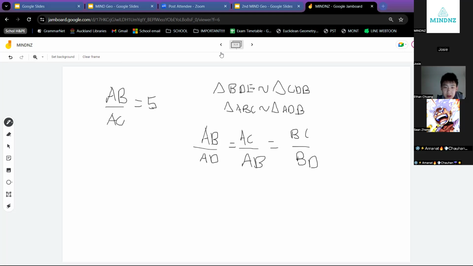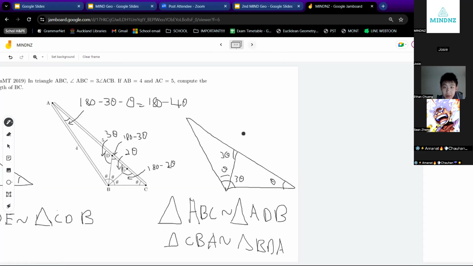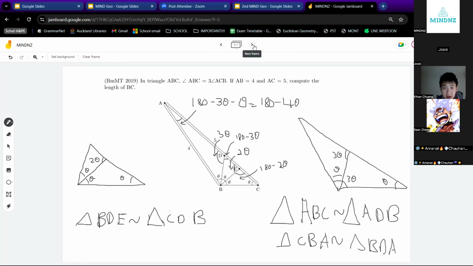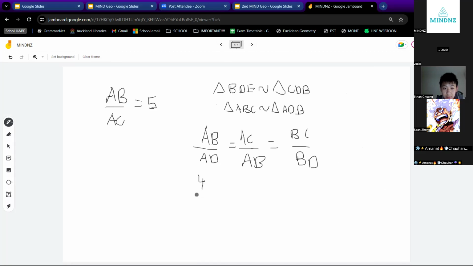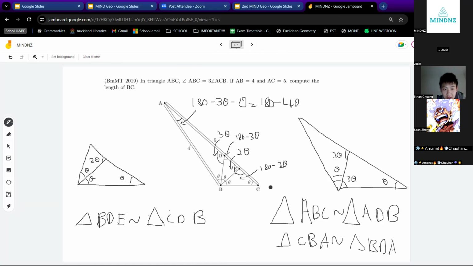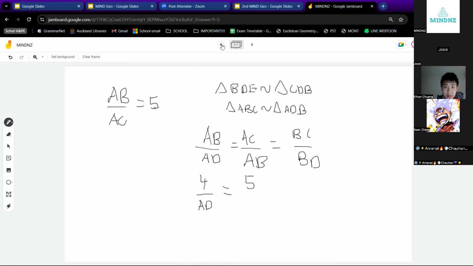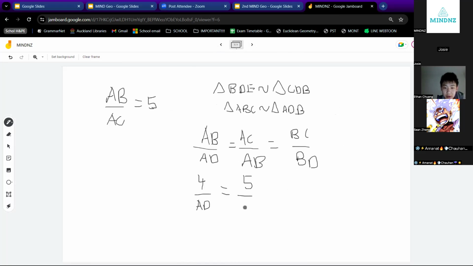We're given that AB equals 4. So 4 over AD, have we been given AD? We have not been given AD. So 4 over AD equals AC over AB. We've been given AC, which is 5, and we've been given AB, which is 4.